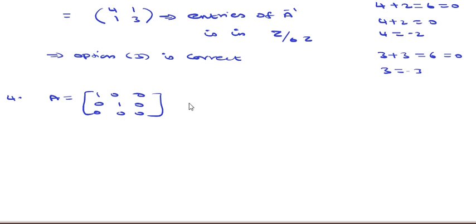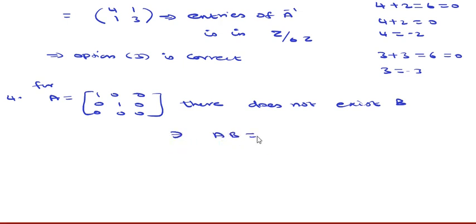For A equal to this one, there does not exist B such that AB equals I3, because A is a singular matrix.